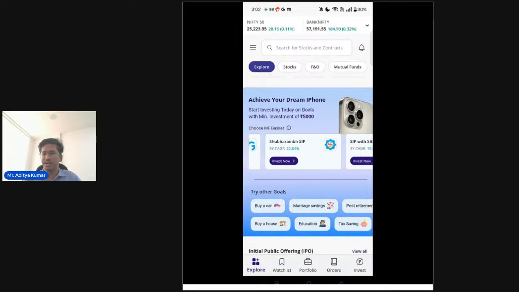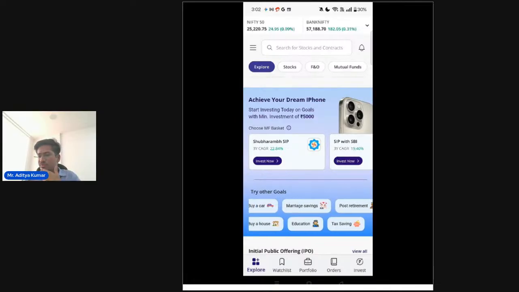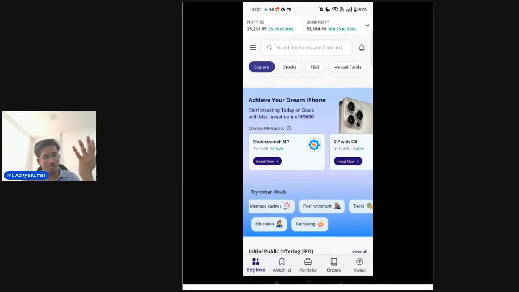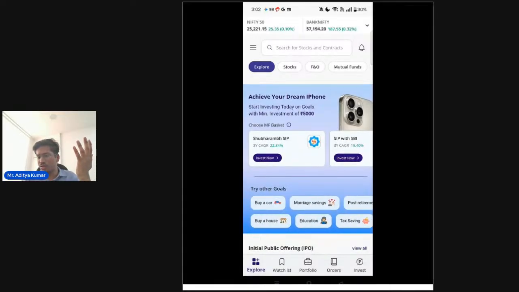These are predefined mutual fund portfolios for goals like buying a car, saving for marriage, planning for post retirement, traveling abroad anywhere in the world, buying a house at a certain age, or for further education or your child's education. So these are the personalized baskets that are made for each and every goal.